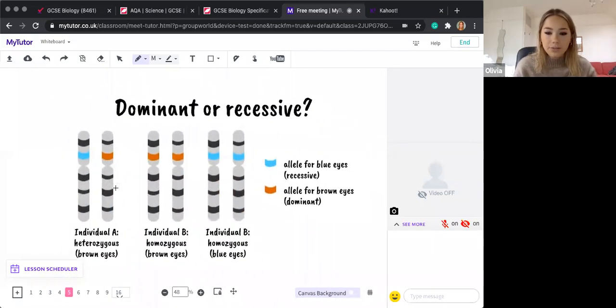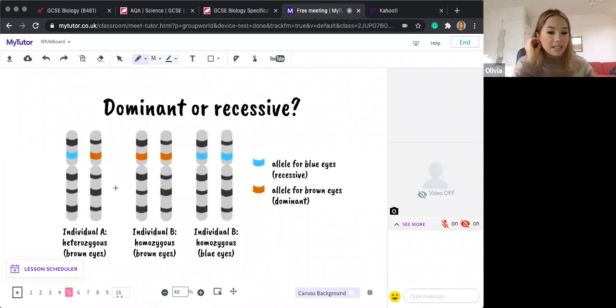Okay, so again, a different way to represent this dominant and recessive allele thing. This is one person with 2 copies of a chromosome, one from mum, one from dad, and we would say that they are heterozygous because they've got 1 copy of a dominant allele and 1 copy of a recessive allele. So they've got different alleles.